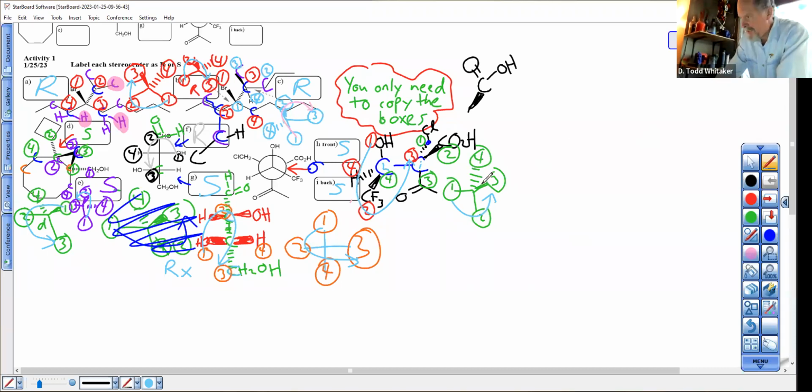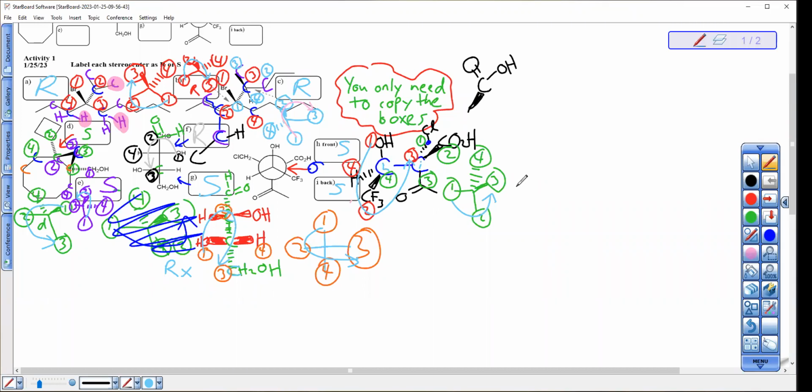So we had A, B, C, D, E, F, G, H, I. I need answers for each, just the R's and S's, please. Get that onto a piece of paper, take a picture, or if you're doing it on a computer, that's fine. If you're doing it by hand, it's got your writing on it. Save it. Submit it to the activity 1 area, which I'm going to change the due date on because we ran longer. Wait 2 minutes after I finish this video.